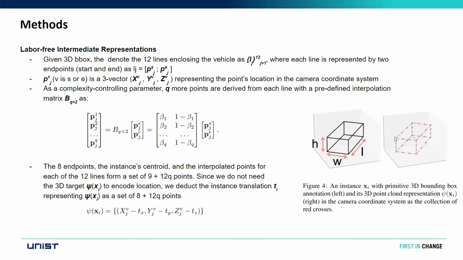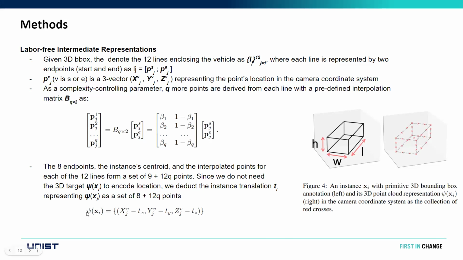Given the endpoints of an edge, you can easily define the location of the interpolated points along the edge. You can increase the number of points, like taking Q as 3, 4, or 5, but it will be a little more computationally expensive. So they just took Q equal to 2, and this worked fine.